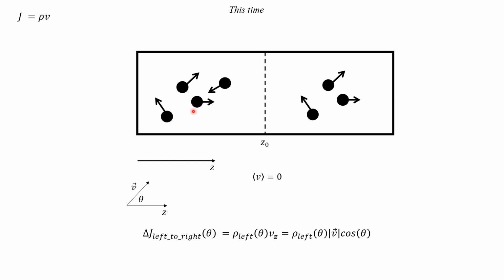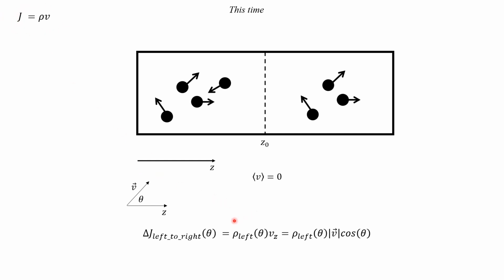We now have a random distribution of velocities. But we can use this expression if we conceptually divide the particles into groups where in each group all particles have the same velocity, and we can characterize the velocity using the angle it makes with the horizontal, in other words, with the z-axis. If we do that, then all particles in a group will have the same velocity, and we can use this expression.